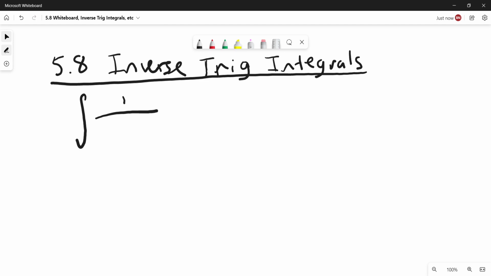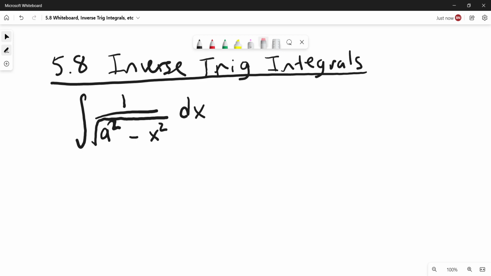But I'm going to write this as 1 over, like in this first one, this is how I'm more used to seeing it. Oh, there's a square root. Here, that's a 2. Minus, and I'm going to do x instead of u. So I'm putting my dx out here. And this is the arc sine one.